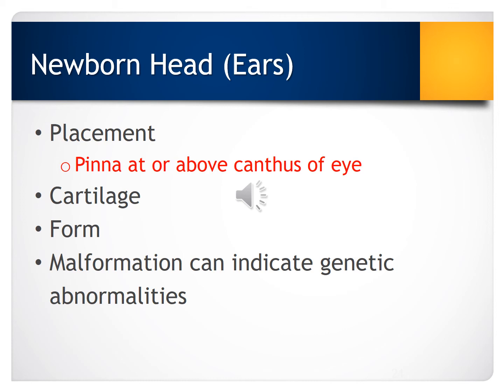You do an imaginary line from the corner of that eye across to the top of the ear, and it should be either at or above that line. Low-set ears can be a sign of a genetic or congenital anomaly, usually associated with Down syndrome.